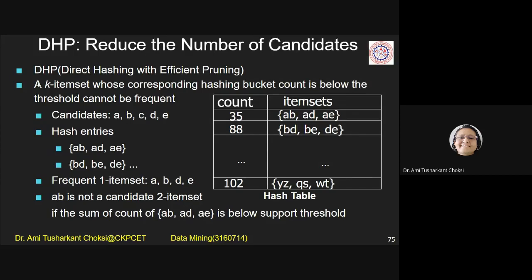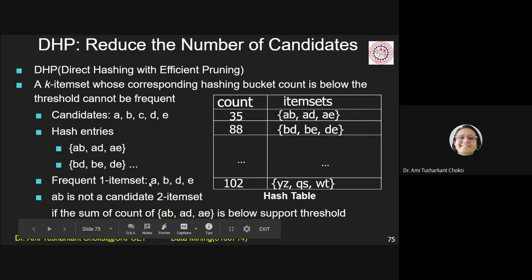Now in DHP hashing we have already seen, right? So now what we want to know here is that a k-item set whose corresponding hashing bucket count is below the threshold cannot be frequent. For example, candidates are A, B, C, D, E. Hash entries are, say, AB, AD, AE, BD, BE, DE.